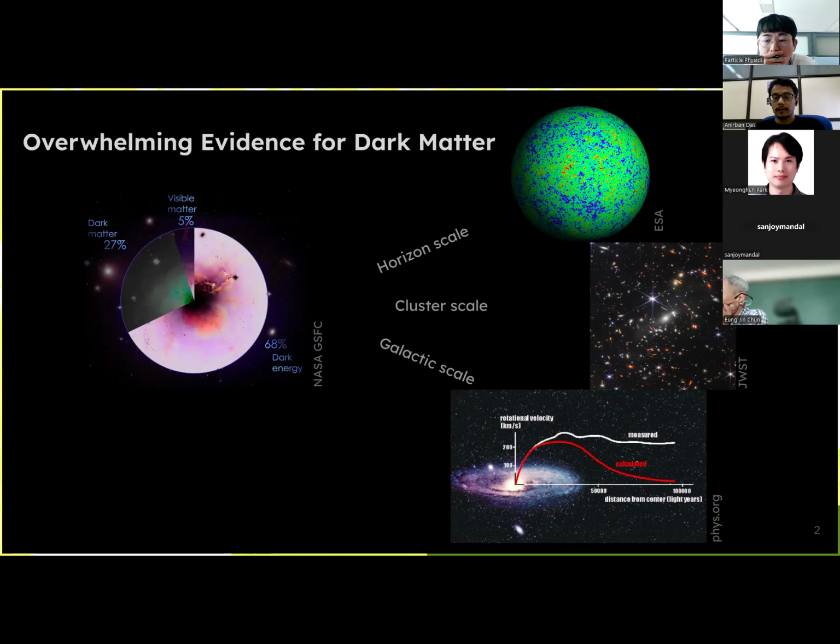To explain the statistics of this measurement, you need to assume the existence of a component in the universe which is massive and cold, which we call cold dark matter. So all this evidence points to roughly 27% of the universe being in the form of dark matter.